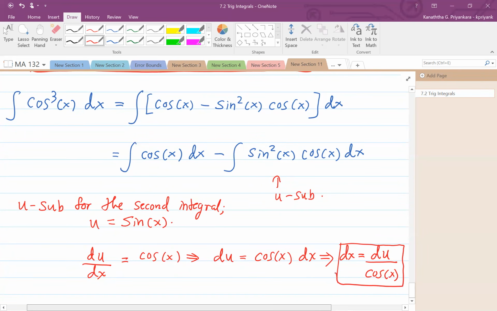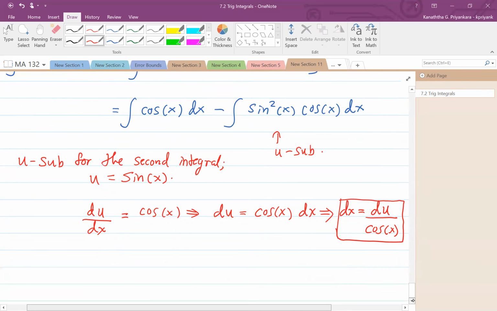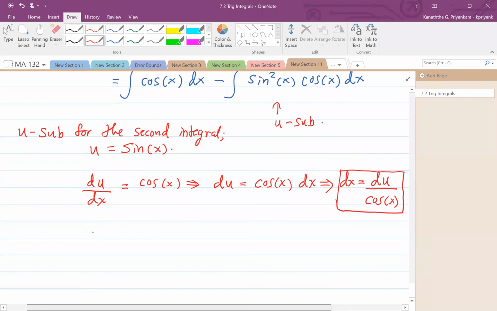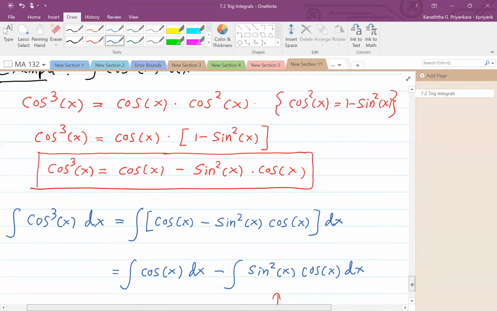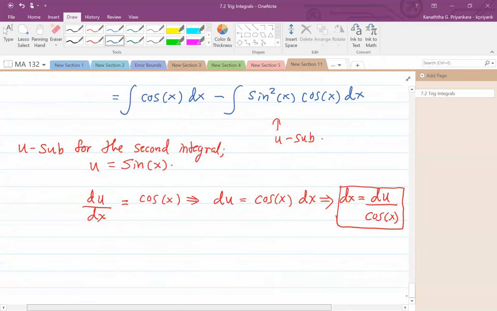Now I can replace sine squared by u squared, because we can write sine squared as sine of x squared. So then I can write down the integral of cosine cube x dx.